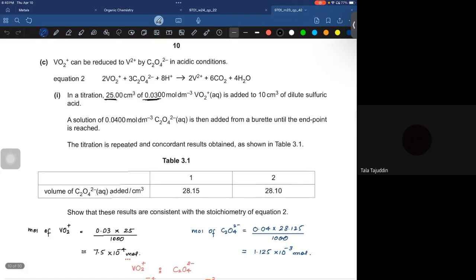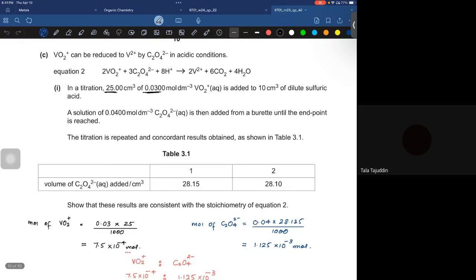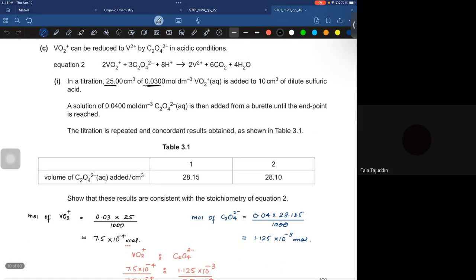Okay, so part C, we have solved part B. VO2+ can be reduced to V2+ by C2O4 2- in acidic conditions, equation 2. In a titration, 25 cm³ of 0.03 mol dm⁻³ VO2+ is added to 10 cm³ of dilute sulfuric acid.